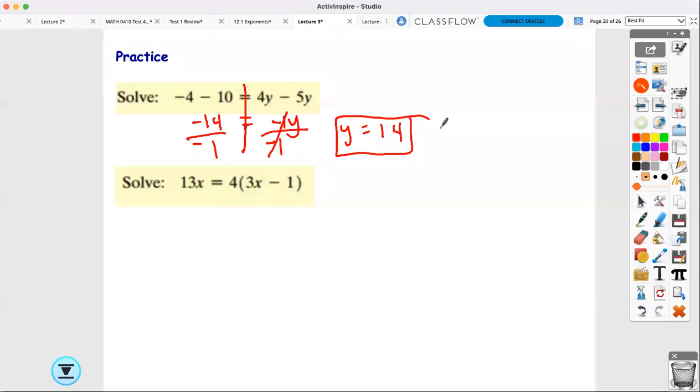Are we all on the same page on why it should be +14? Yes. All right, go ahead and do this. Go ahead and share your answer for the second one, class.